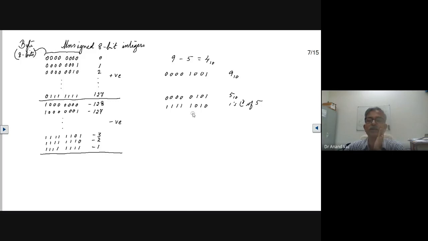Then you add 1 to it, so you get the 2's complement of 5, in 8-bit representation. So this is now 1, 1, 1, 1, 1, 0, 1, 1. This is actually representing minus 5 in 8 bits.